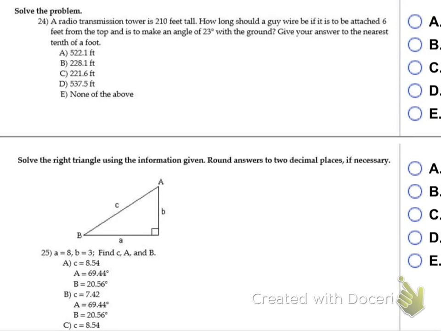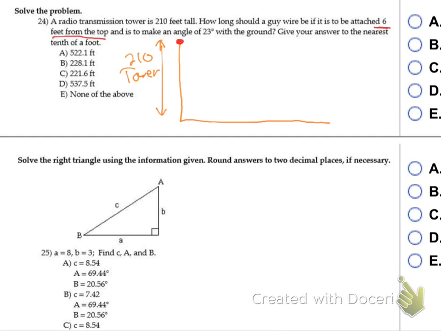So let me try to help with the picture. So basically what they're saying, did you catch what they're saying? Is you got this really tall tower, and the tower is 210 feet. So that's 210 feet. And you're attaching a guy wire 6 feet from the top.